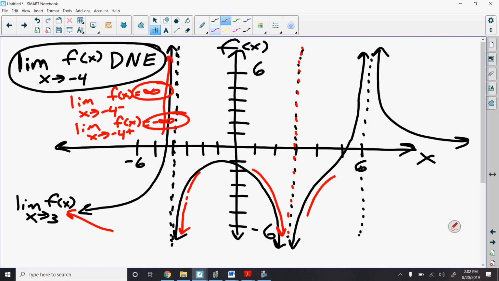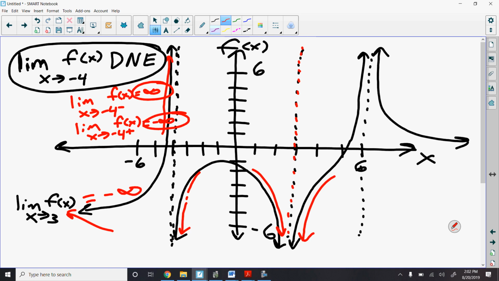My right-hand limit is also going towards negative infinity. Therefore, I'll say the limit as x goes to 3 equals negative infinity. Now, mathematicians have disagreed. Some think that anytime we have these vertical asymptotes, the limits do not exist. But the general consensus is if you have an asymptote like at x equals 3, both going down, we can say the limit as x goes to 3 is equal to negative infinity.